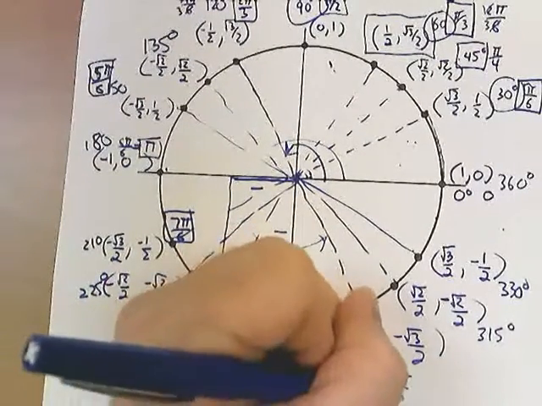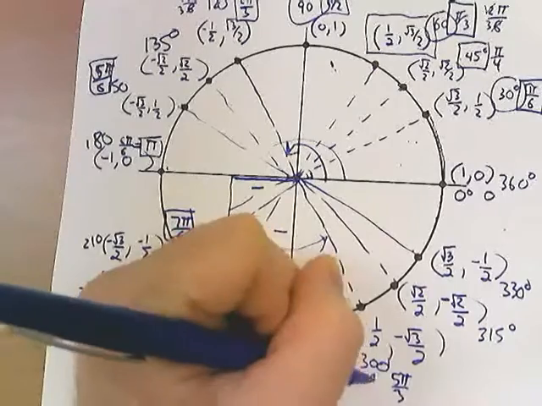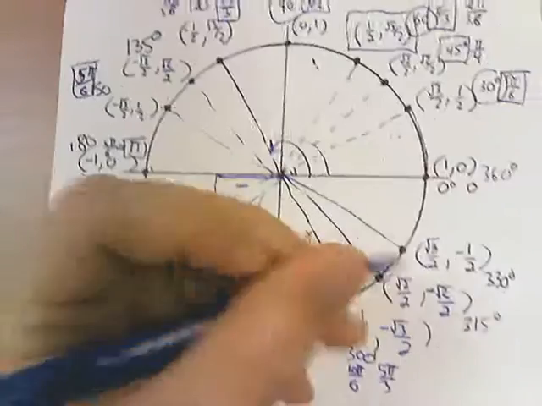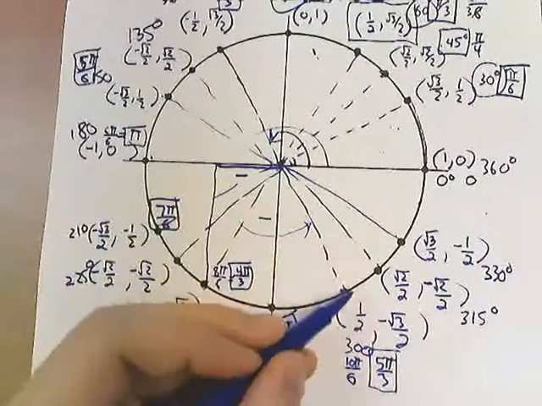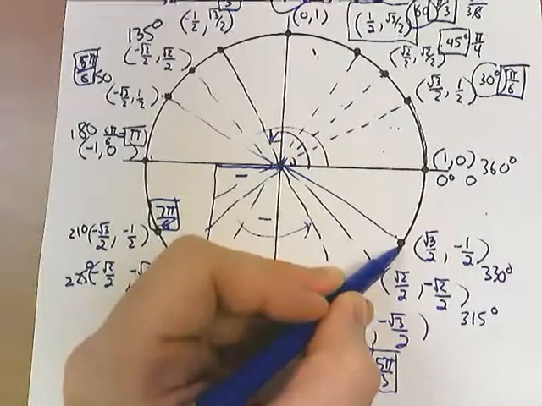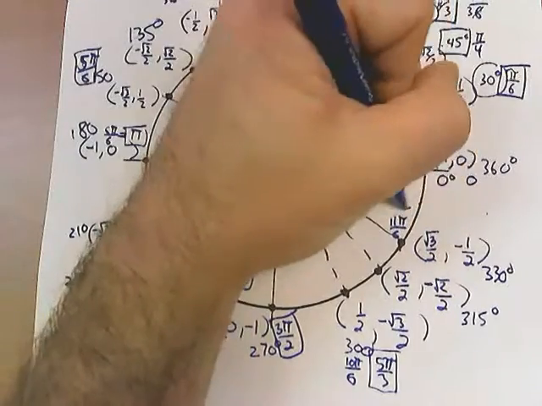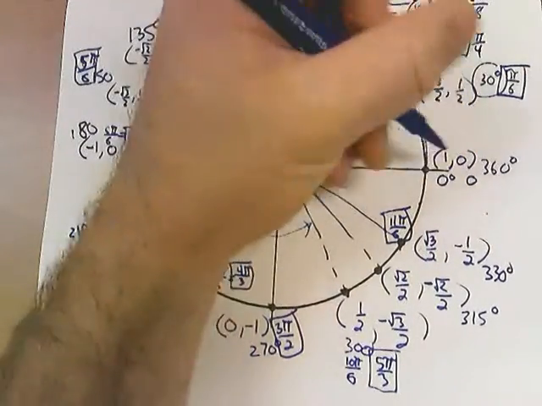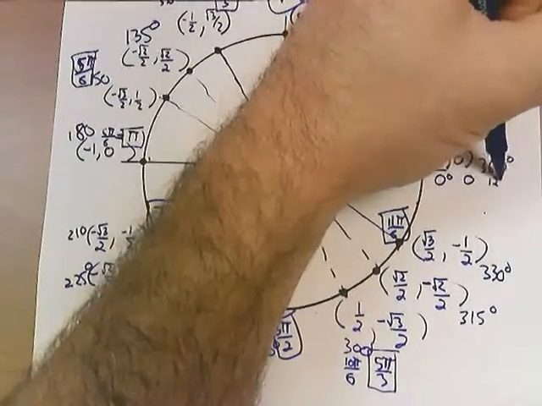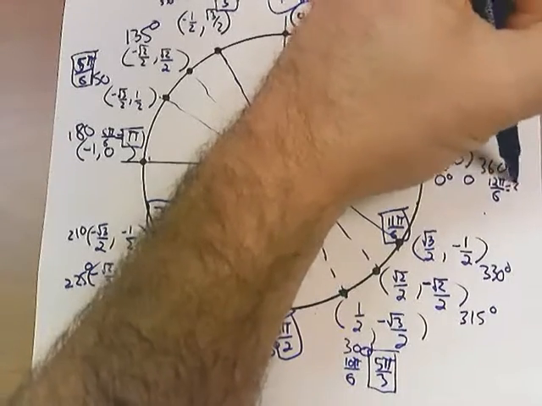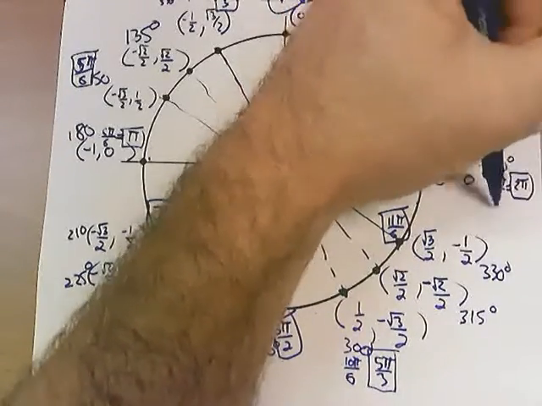You could definitely show the work on that. 10 pi over 6 is 5 pi over 3, and that's good enough. 11 pi over 6, hop the one in the middle, 11 pi over 6. And 12 pi over 6, which equals 2 pi. 12 divided by 6 gives you 2.